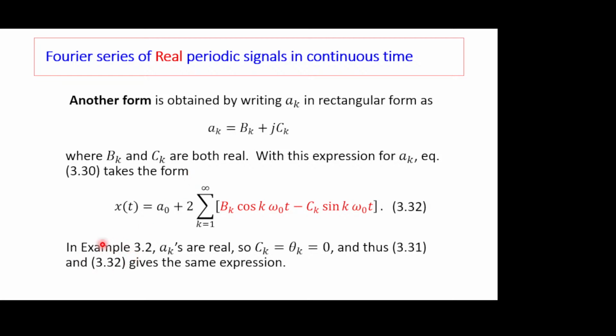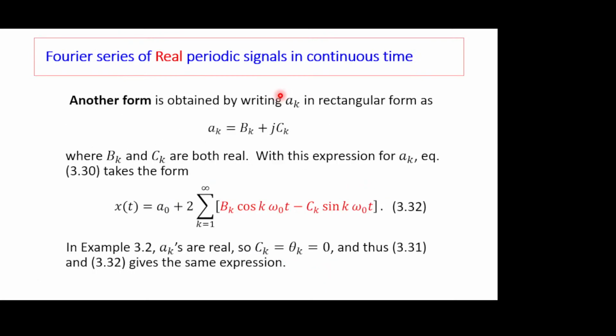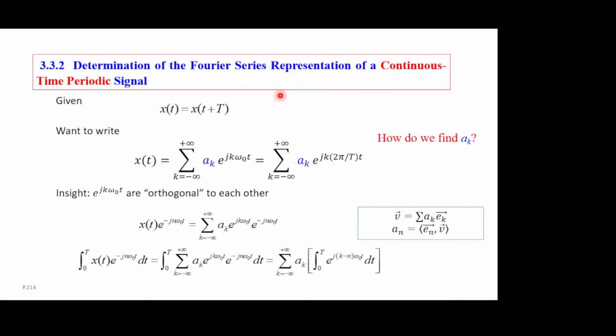And back to example 3.2. In example 3.2, we have just a summation of a whole bunch of cosines. Remember 3.2 is this thing. This is an extra simple case because all those a_k are real, and so those two forms have the same expression.